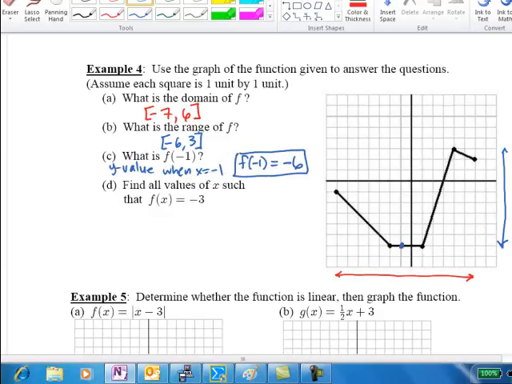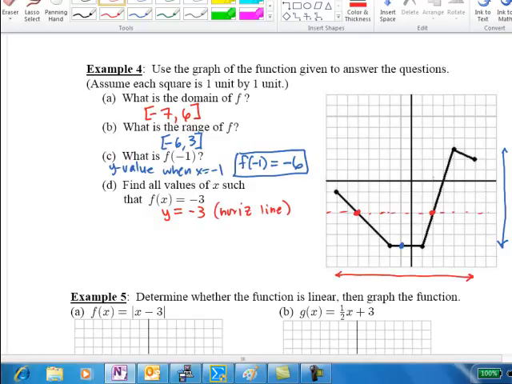And then if I'm looking for the x's such that f of x is -3, remember this is the same as y is -3, which would be a horizontal line. So we can draw in that horizontal line and figure out the x's at which the y value is on that line.